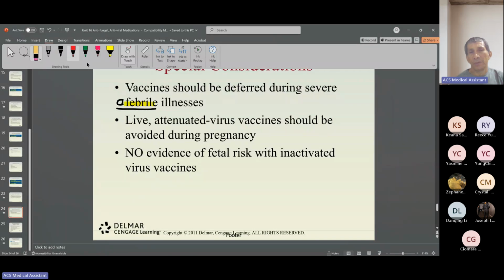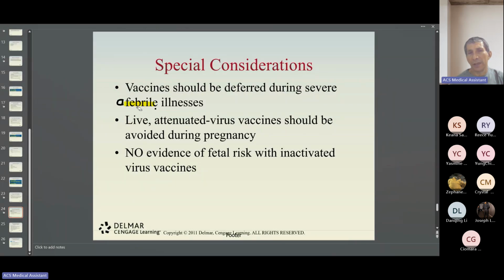So remember, febrile means fever, afebrile, no fever. A means no, without. Febrile, fever. Without fever. If your child is sick, we're going to give them antipyretic medication. That's a different issue. We're not talking about medications to relieve fever. We're talking about vaccines.